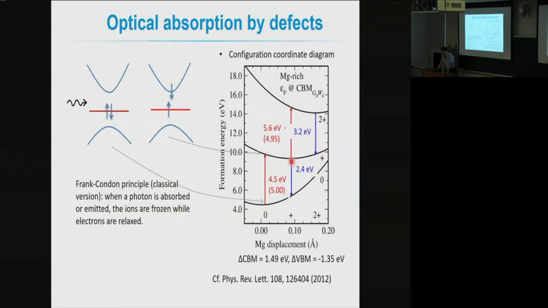And the second photon, when it is emitted, is fixed to the plus charge. So by simply fixing the atomic position, you can calculate the energy of the photon corresponding to photon absorption or photon emission.